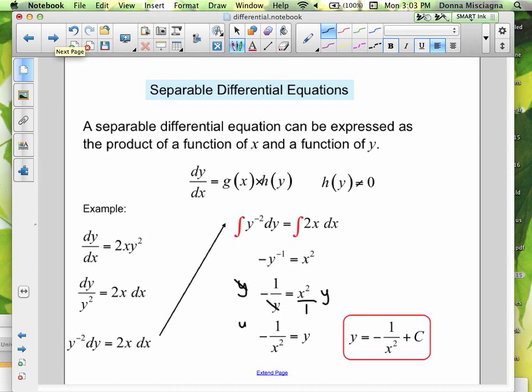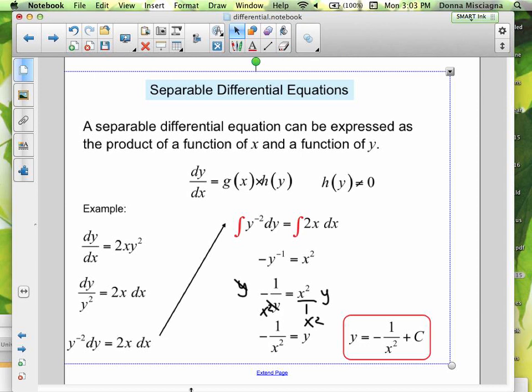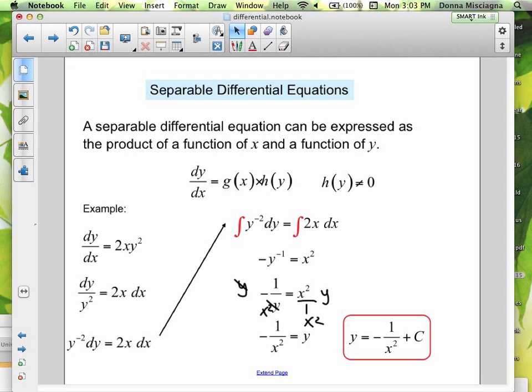Then if you divide both sides by x squared, you end up with this equation. It's the reciprocal, and we keep the negative, because there's a negative there. So now we have our equation: y equals negative 1 over x squared plus c.